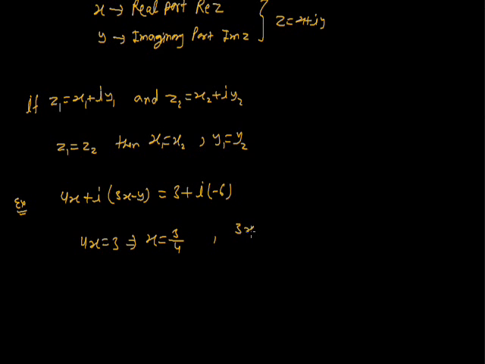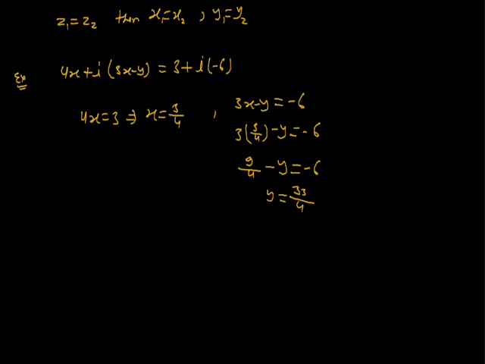Similarly, 3x minus y is equal to minus 6. Now we know x, so we put the value of x, 3 by 4, so 9 by 4 minus y is equal to minus 6. From here we find the value of y, which is 33 by 4. So here are the values of x and y.